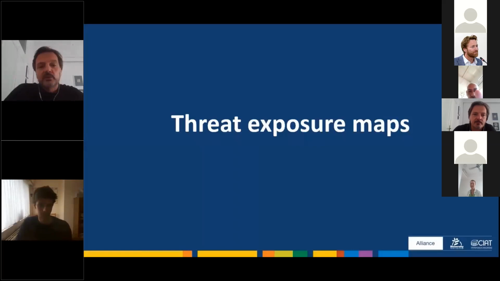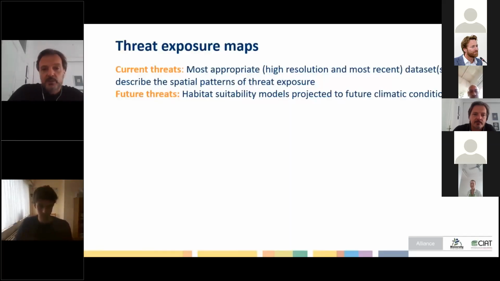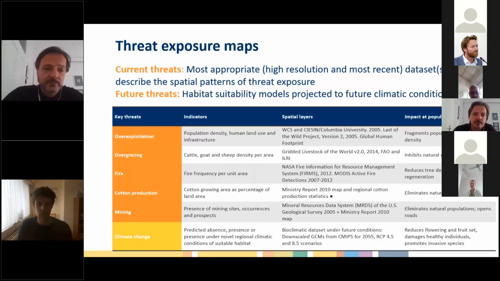And the next step is then to look into the threat exposure maps. So now I'm showing what type of threats we're looking into more deeply. We are basically dividing them into current and future threats. This is the example from the study in Burkina Faso, but we found out later on that these key threats are more or less the same in every ecosystem.